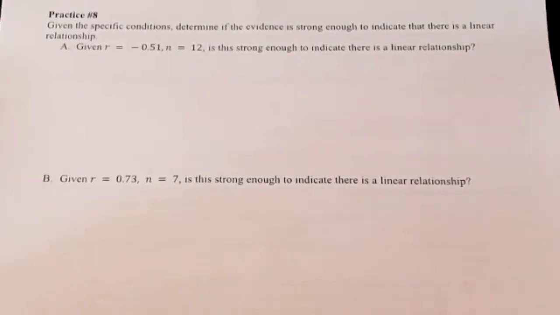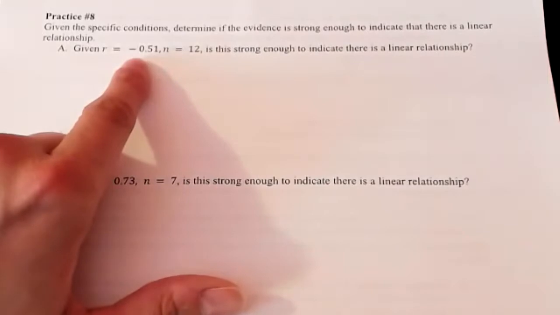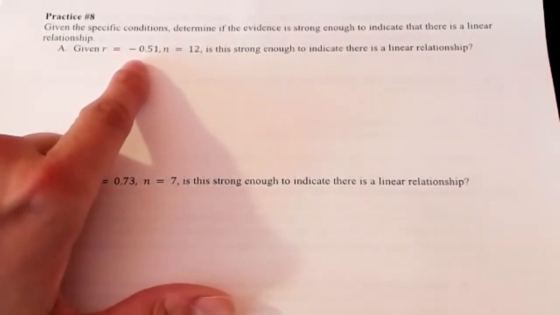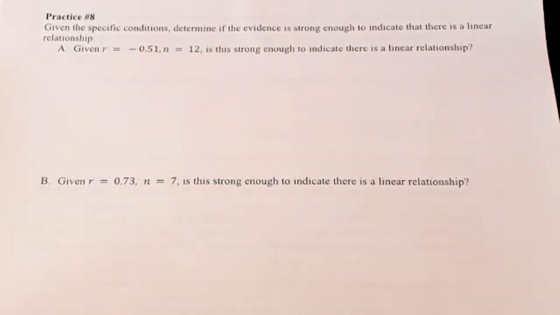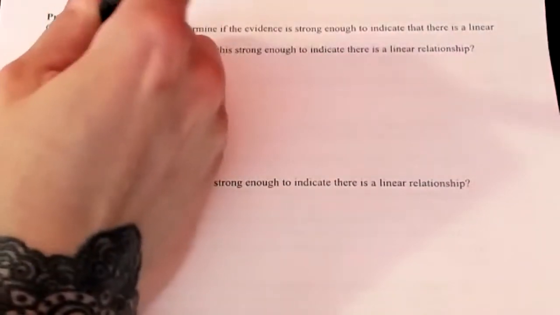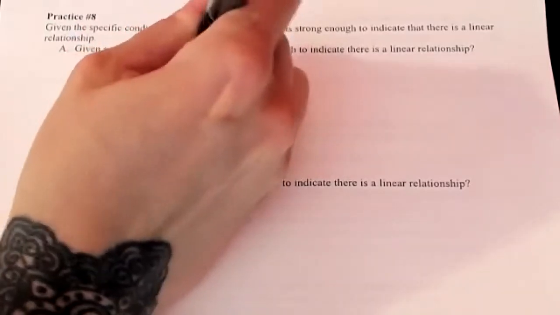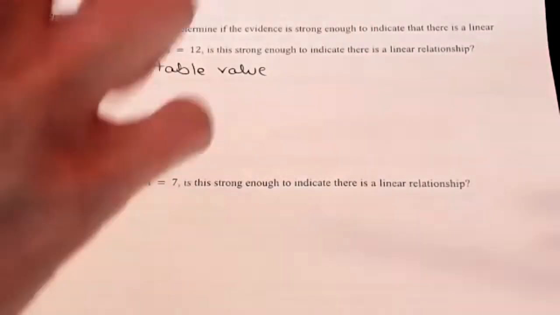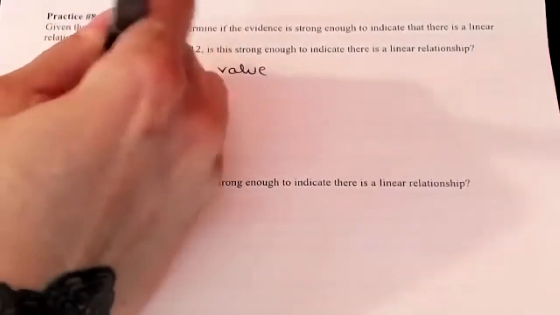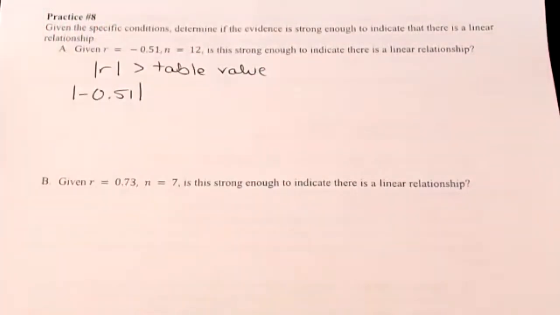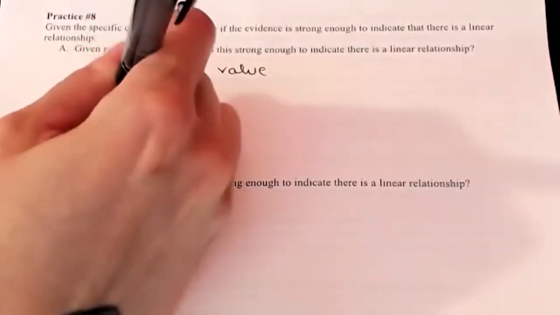Number 8, given these specific conditions, determine if the evidence is strong enough to indicate that there is a linear relationship. We have calculated that our R value is negative 0.51. We want to check to see if the R value is greater than the table value. The absolute value of negative 0.51 is the same as positive 0.51.